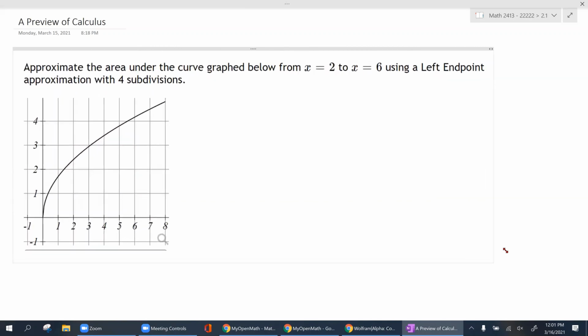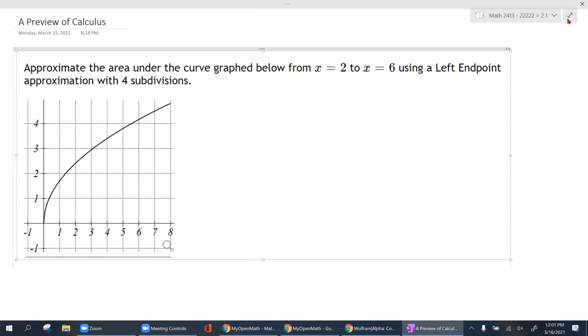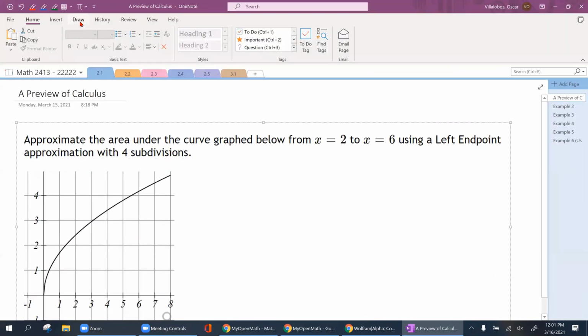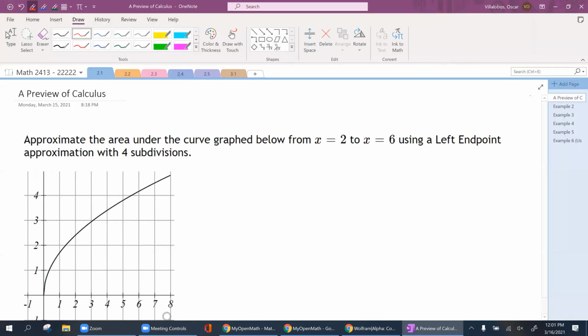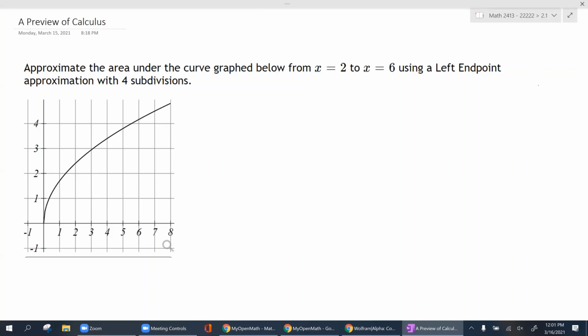So let's get a red marker. My focus is going to be between 2 and 6, between here and here. They want me to have 4 subdivisions, so that means I'm going to have 4 rectangles.